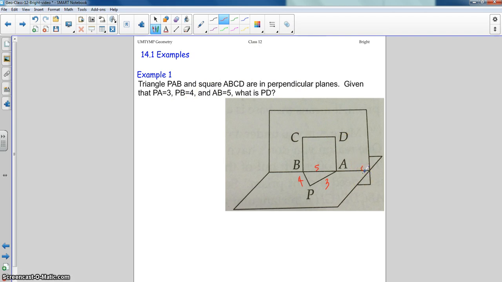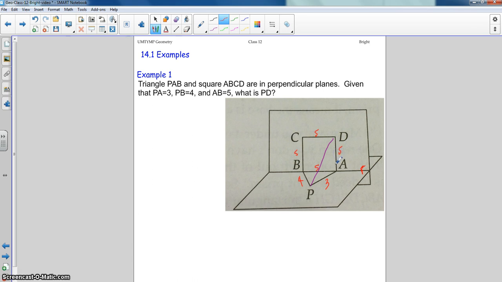If I make a little 90-degree angle here, it's just representing that these two planes are perpendicular. What it's asking me to find is the length of PD. Just finishing labeling this, 5, 5, 5.